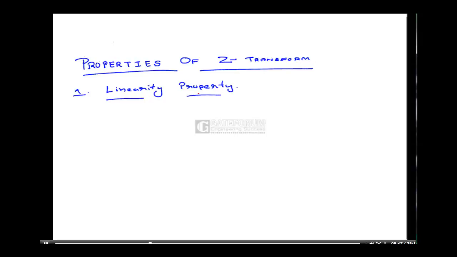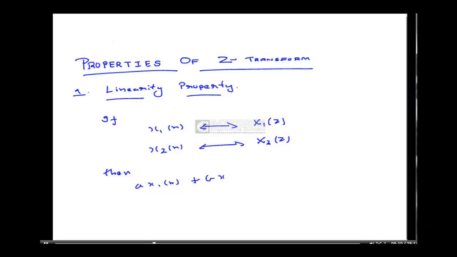This property says that if x1(n) has the Z transform X1(z), and x2(n) has the Z transform capital X2(z), then a x1(n) plus b x2(n) gives me the Z transform a X1(z) plus b X2(z).